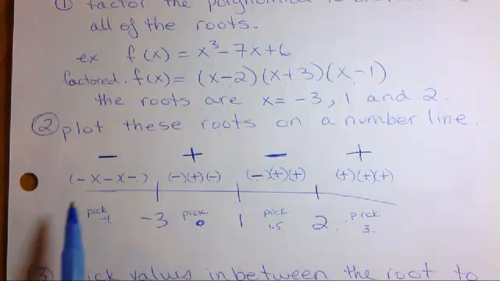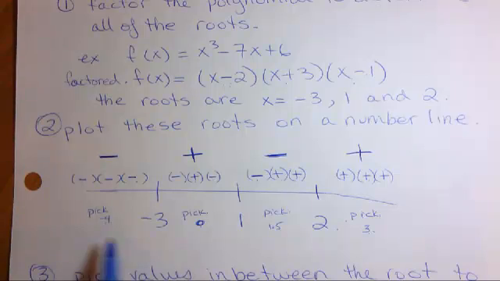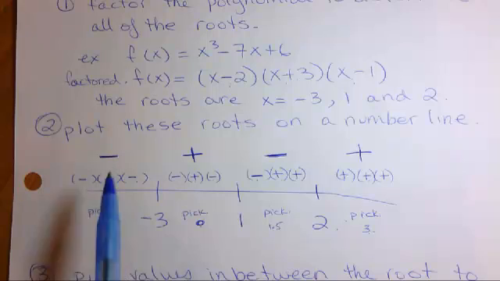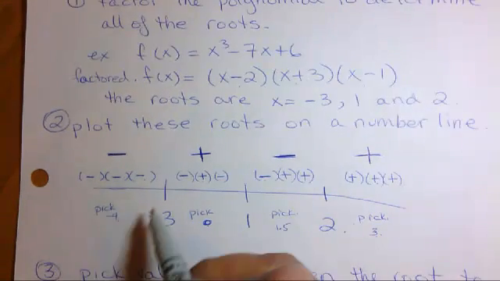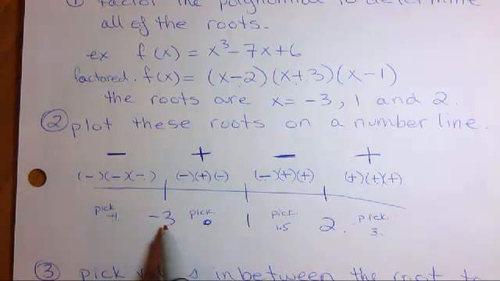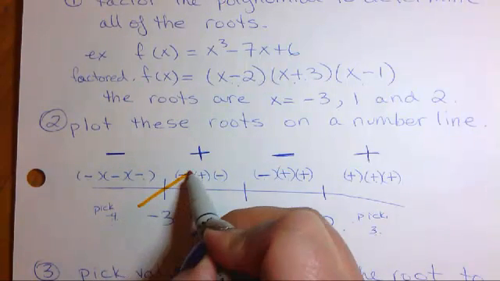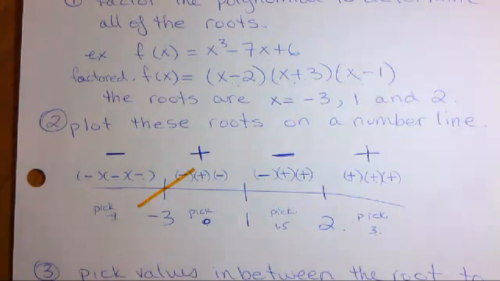Now, this gives us a general idea of how the polynomial is flowing between the roots. So when it crosses through the root at negative 3, it's going to go from negative to positive, so it's going to angle that way.